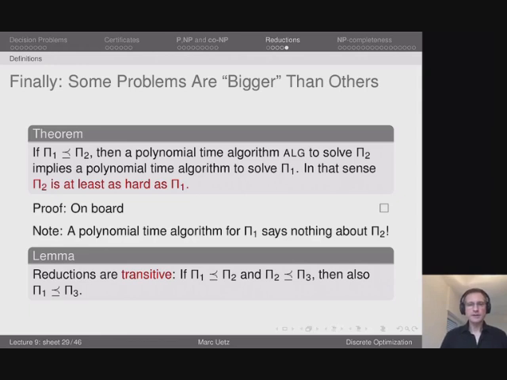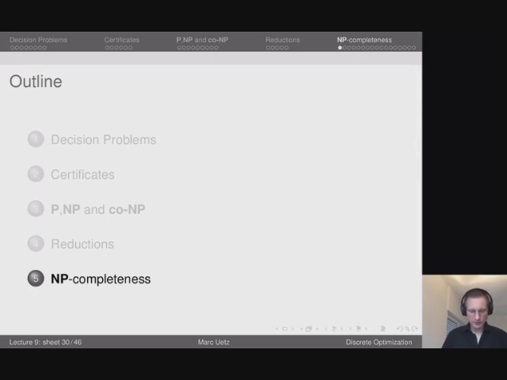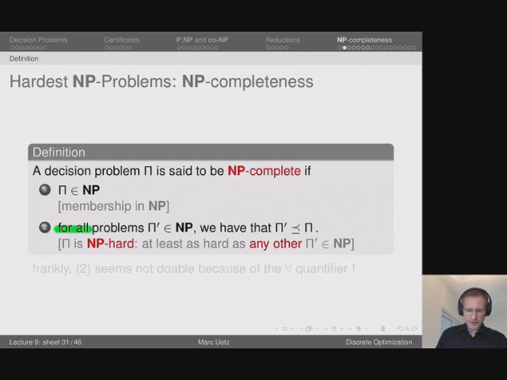So now that we can say something about problems which are more difficult or at least as difficult as other problems, we can define the hardest among the problems in the class NP, and that is the concept of NP completeness. The existence of a reduction says something about one problem being harder than another, and now we want to define the class of hardest problems within NP.